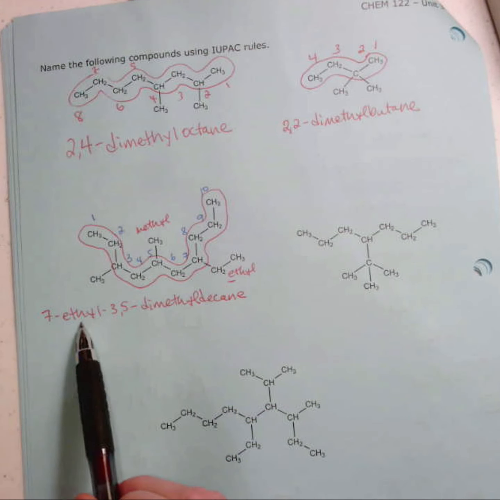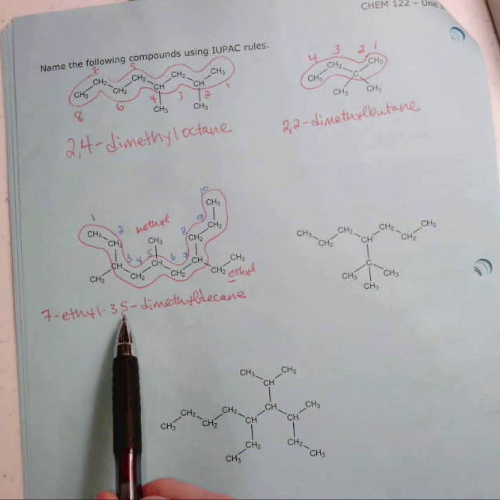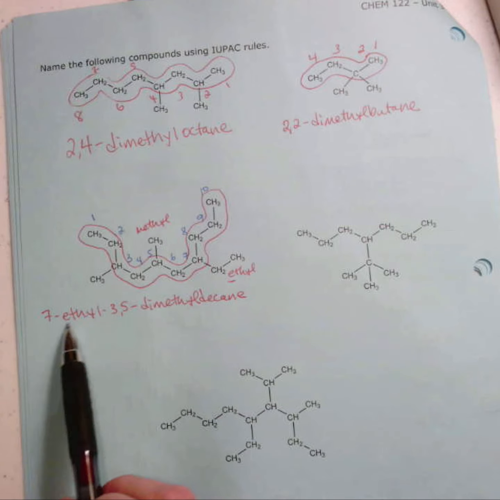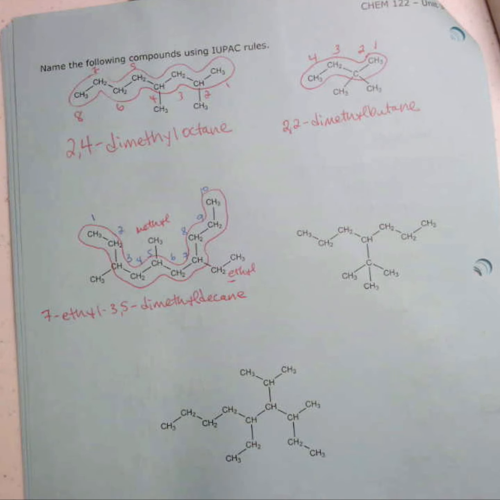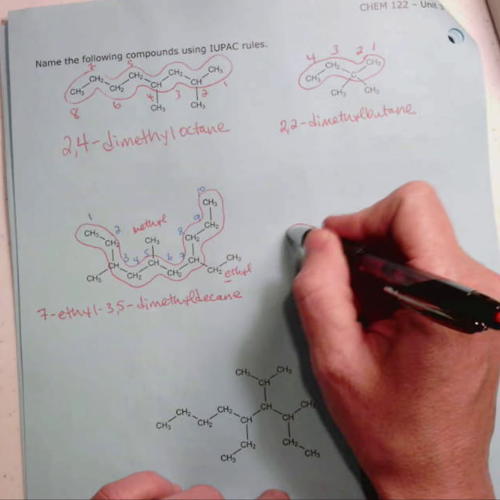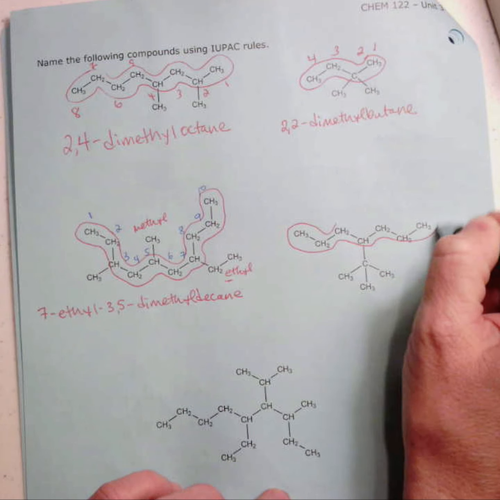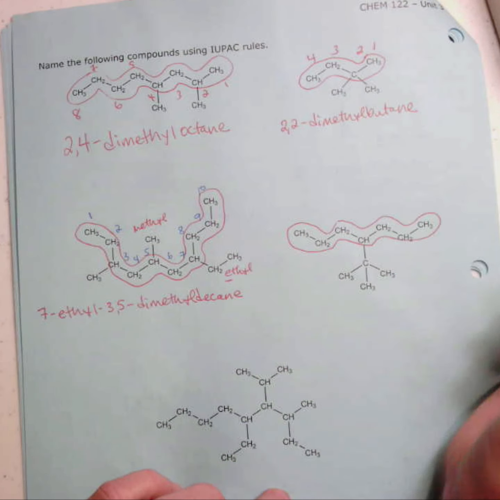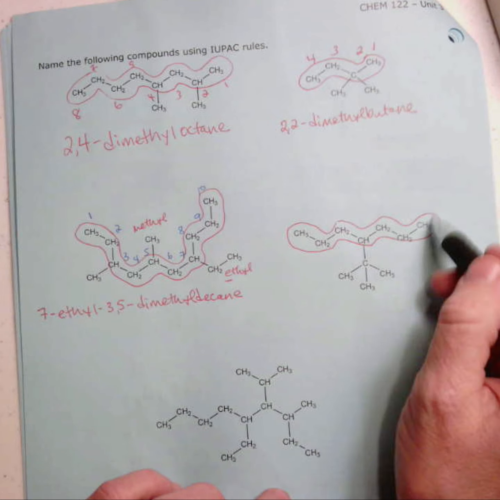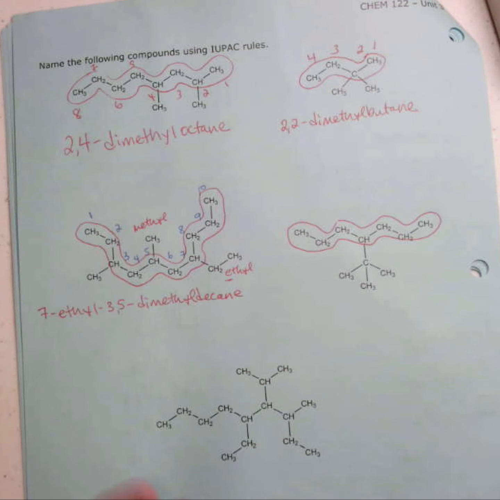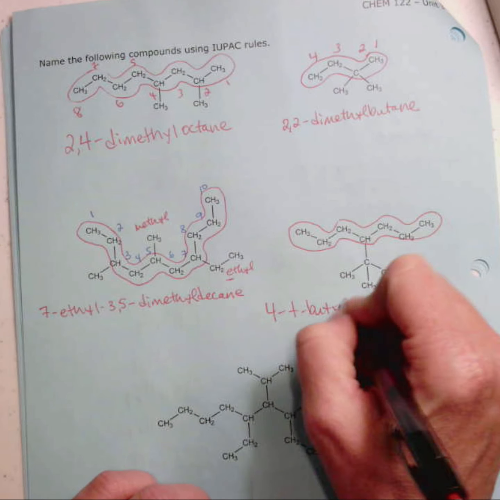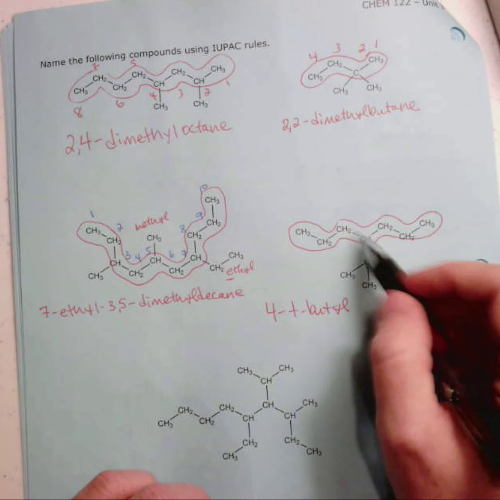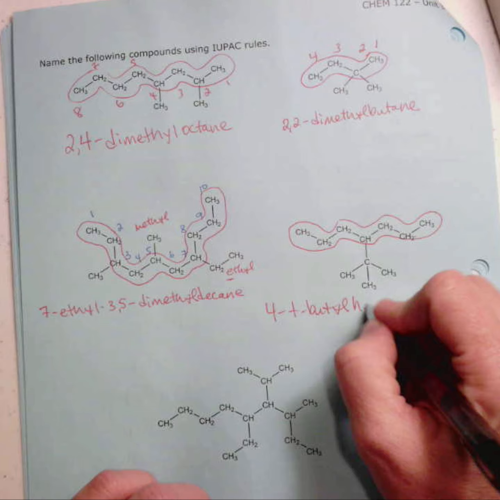Your listing is not in numerical order. It's always in alphabetical order, and we do not alphabetize according to di. All right, over here, this one was pretty straightforward. So I have 1, 2, 3, 4, no matter which way I number, 4, and that is t-butyl heptane.